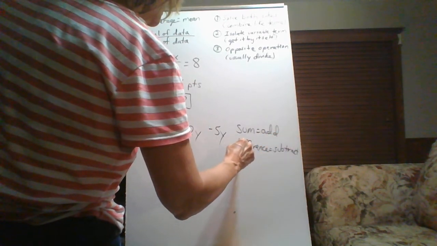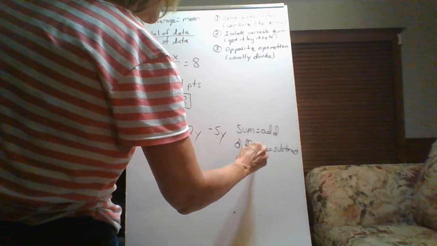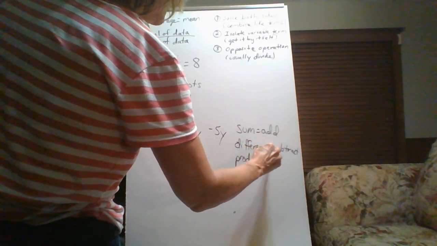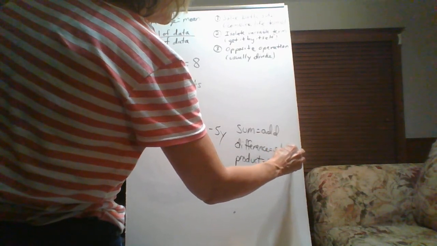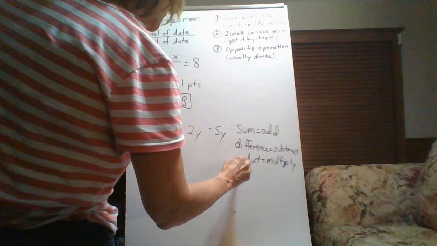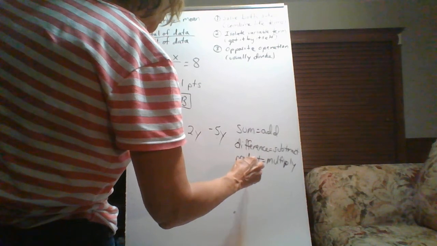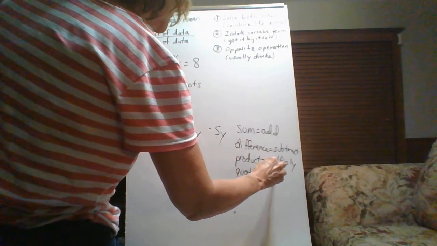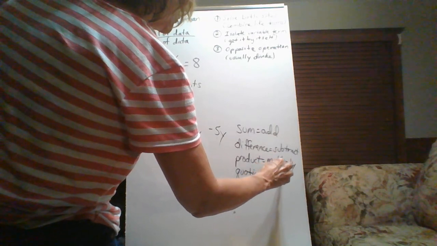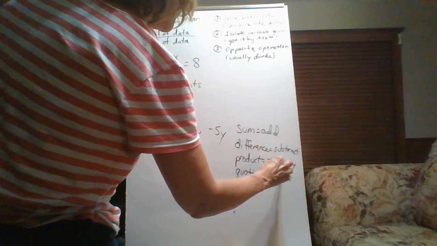The product means you multiply. And the quotient means to divide. Those are important terms. Be sure you know those. Write those down if you're not set on it.